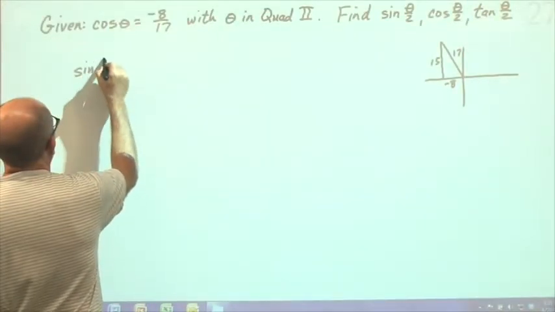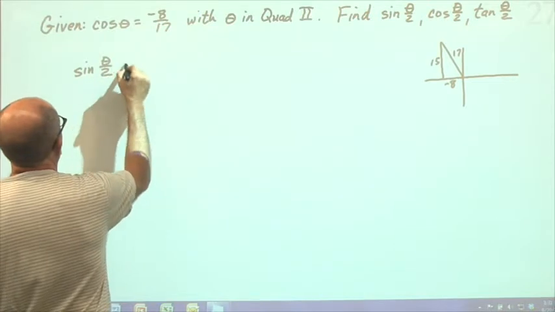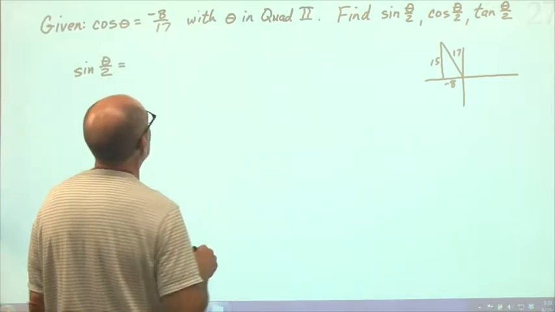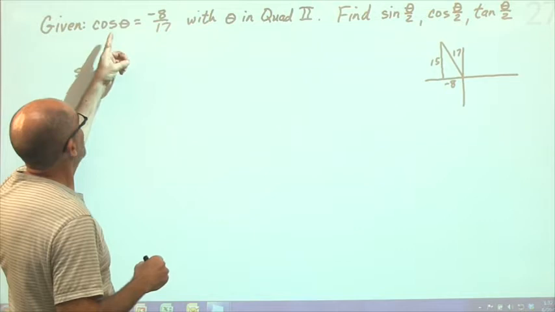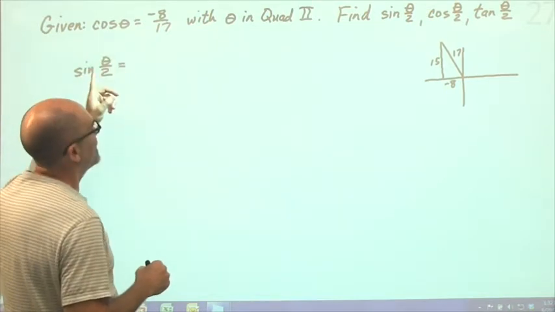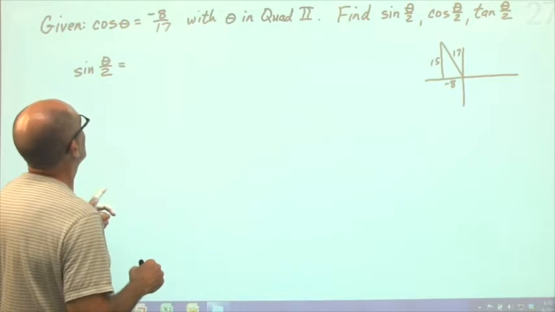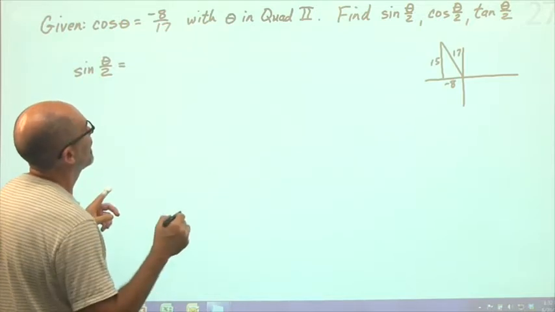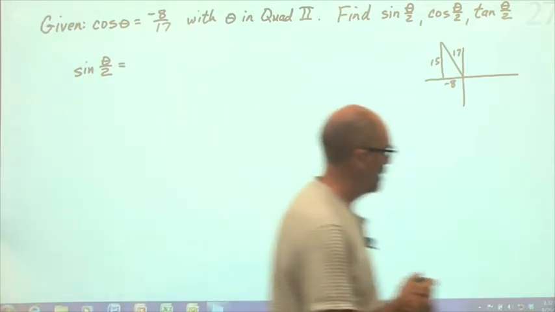Now, the sine of theta over 2. Now, if cosine is in the second quadrant, let's see.